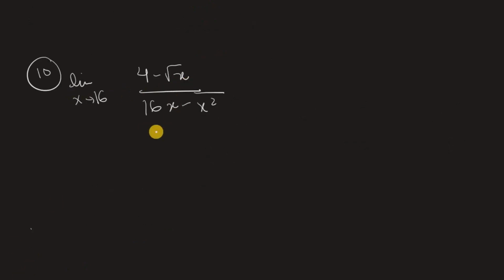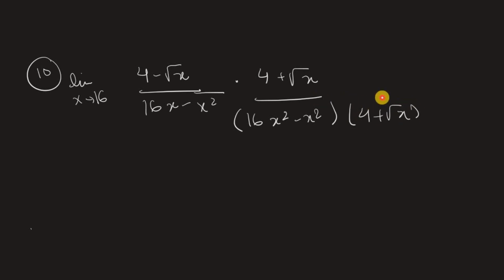Okay, so we have this problem over here again involving conjugates. So here we have the conjugate again: 4 plus the square root of x. We're going to multiply this, and again multiply this equation by 4 plus the square root of x.